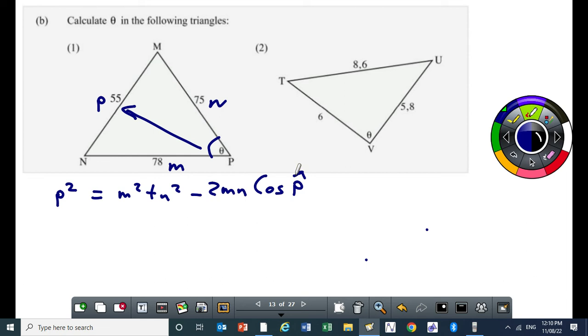Alright, so pay attention. What are we supposed to calculate? We need to calculate that P, that angle. So if you use your knowledge of solving equations, you can make cos P the subject. How? You take this term here to the left hand side.